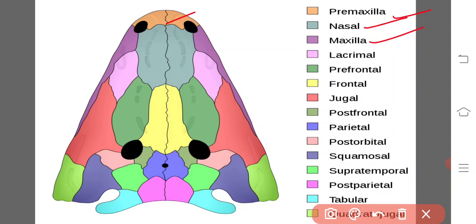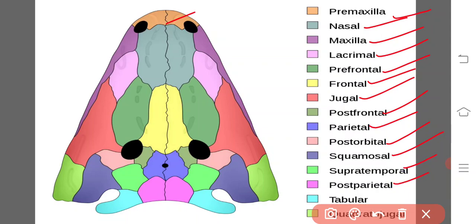Nasal bones, maxilla, lacrimal bone, prefrontal, frontal, jugal bone, postfrontal, parietal bone, postorbital, squamosal, supratemporal, postparietal, tabular and the quadratojugal bones. These are the different bones which form the skull and the upper jaw.